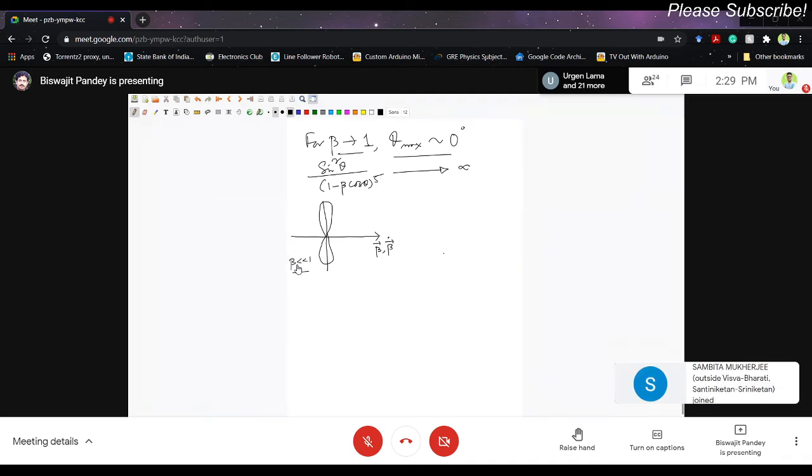What happens when beta gradually increases? You should also remember the three-dimensional pattern, because this is not the kind of picture which I am drawing on the board. It is actually a donut shaped pattern. So it is a cross section, and you have just to visualize it. How can I help you to visualize a donut?